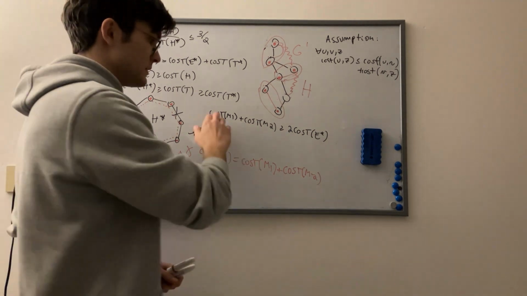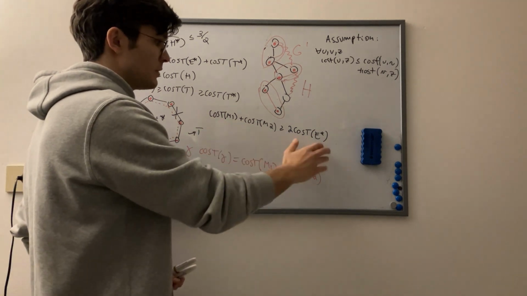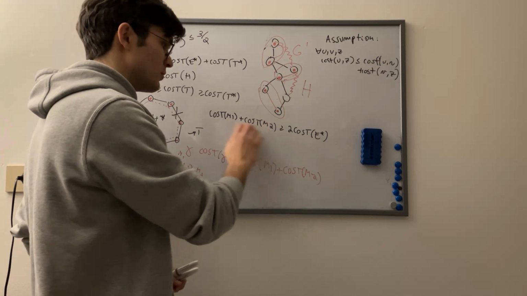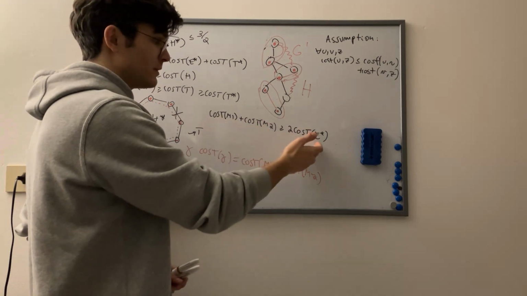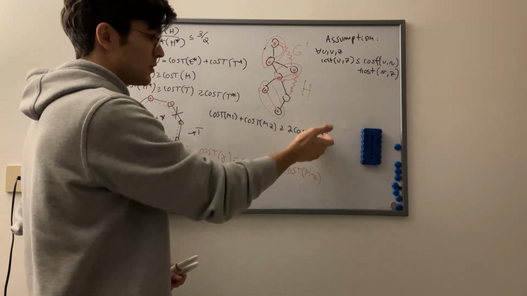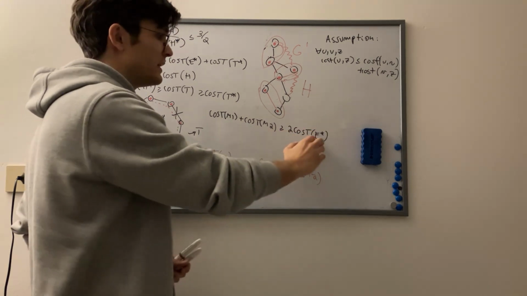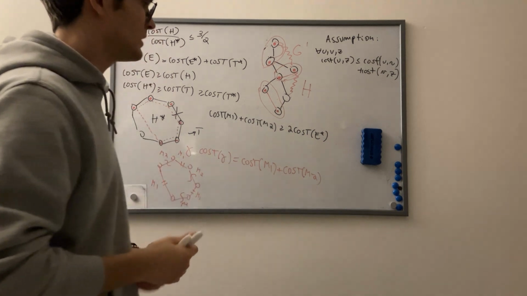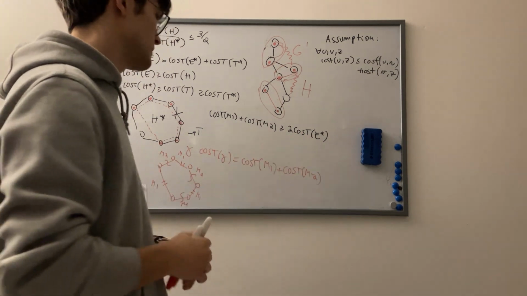This statement has to be true because otherwise it means that the cost of either M1 or M2 would be smaller than the cost of E star, but that is impossible because we built E star to be the minimum cost match.